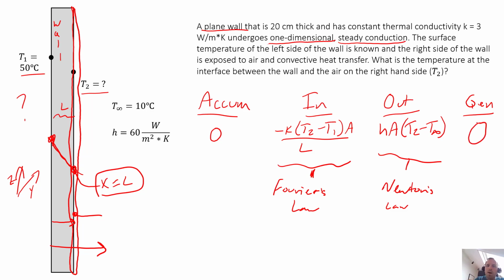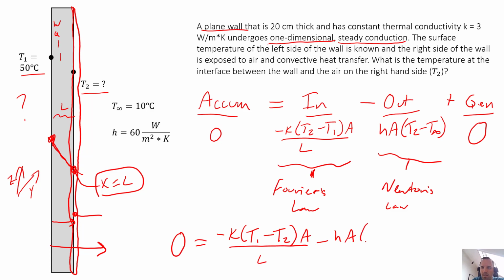If you remember, to compile our energy balance, we take accumulation equals in minus out plus generation. So we have 0 for our accumulation term, equal to minus k times (T1 minus T2) times A divided by L, minus h A times (T2 minus T infinity), and that's our equation.